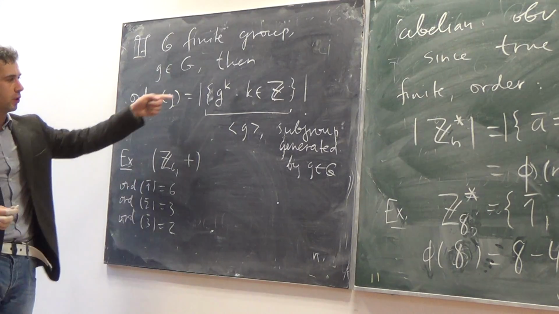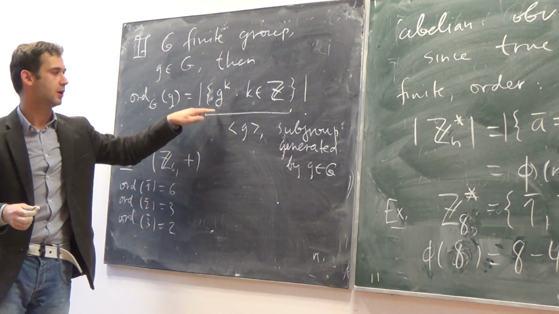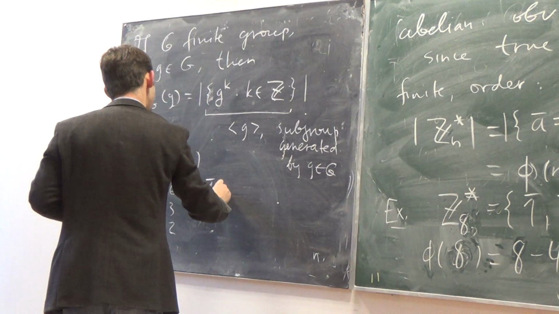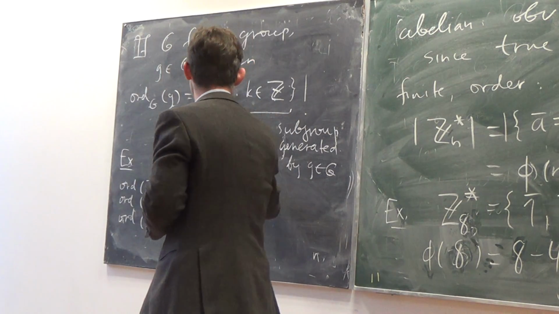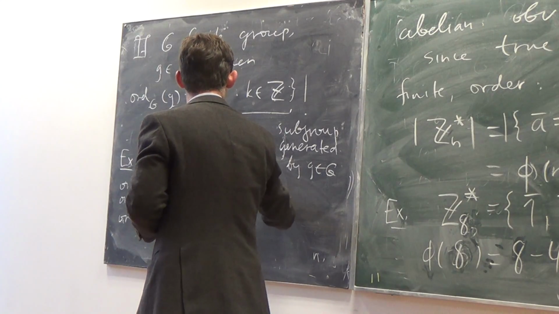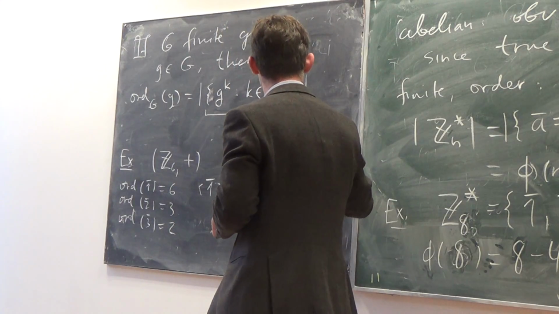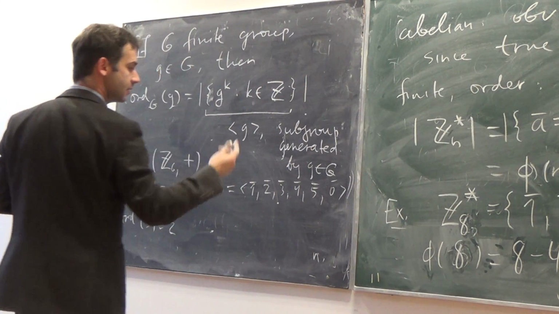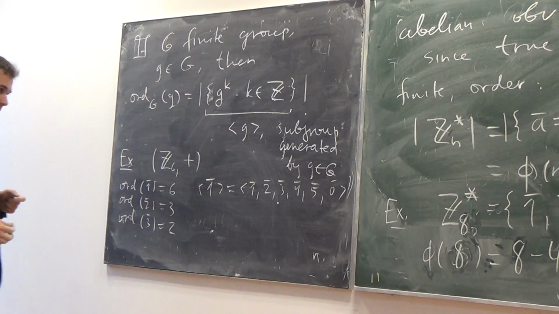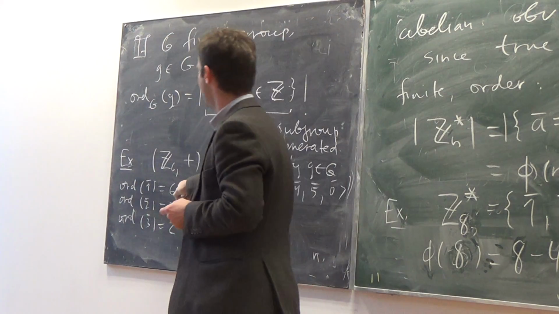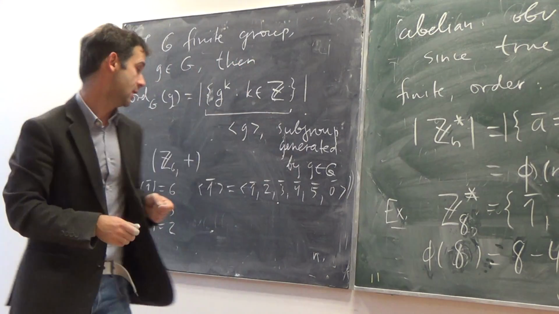And this should match up with the subgroup generated by each element. The subgroup generated by 1 is the whole group: 1, 2, 3, 4, 5, and 6, which is 0, and then it repeats. So these are 6 elements, which corresponds to the order being 6.